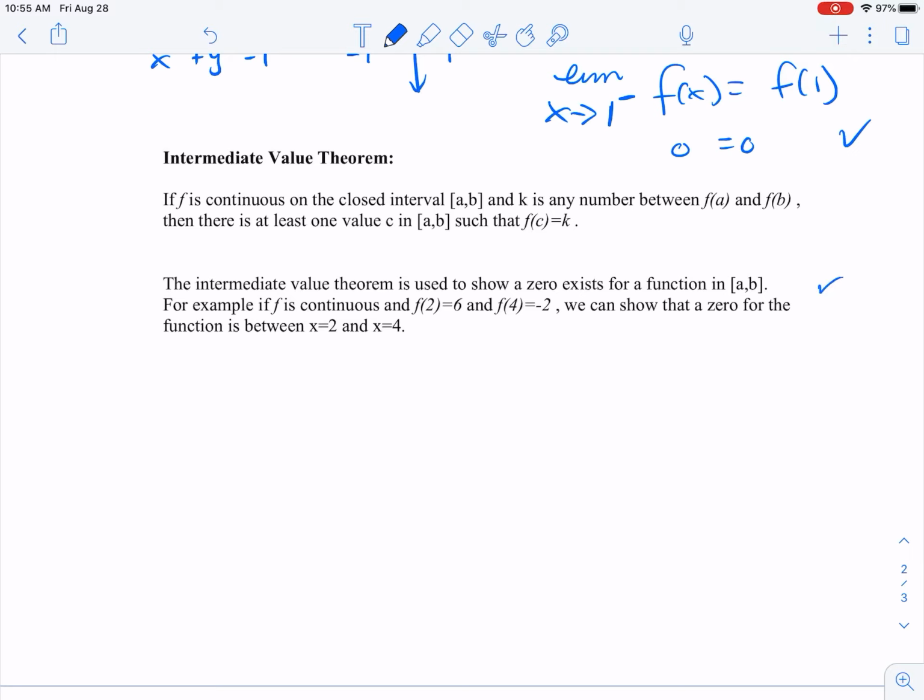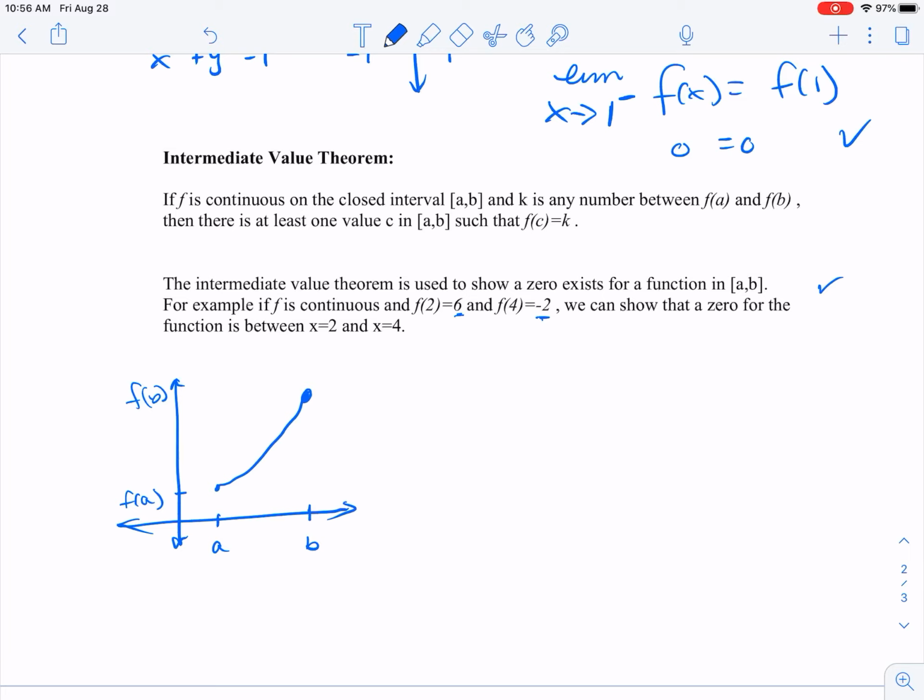You've done that in Algebra 2. You said, well, if you have a positive and a negative, it's got to cross the x-axis somewhere so it equals 0. Okay? Now we've just got a theorem to prove it. But let's talk about this theorem. Here's a, here's b. Let's make this f of a, and this is f of b, and here goes my function, okay?